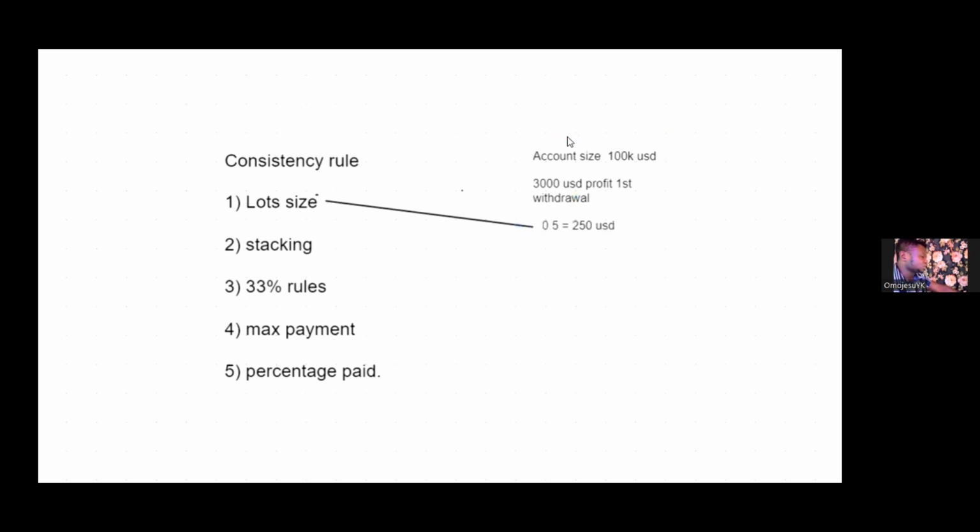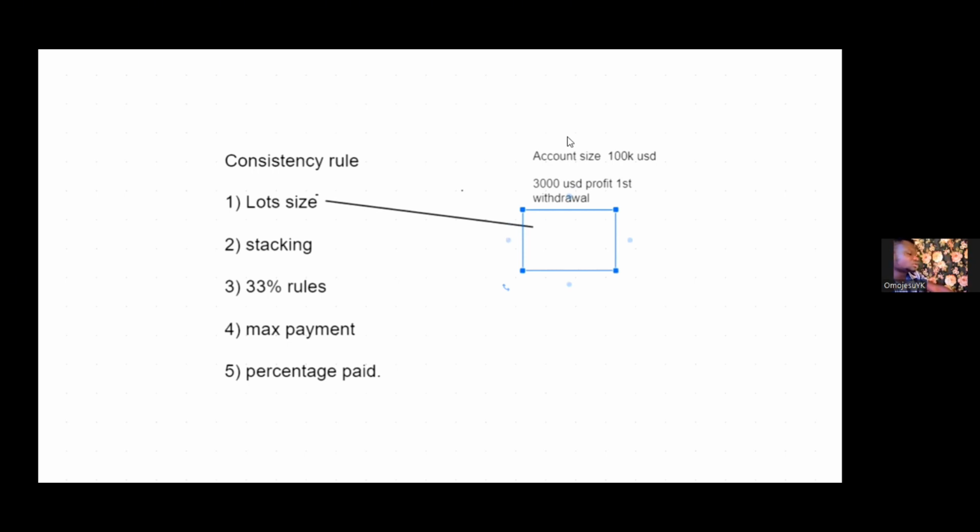I'm going to say something on this lot size now. If you start your trading with 0.5 and you continue with 0.5, the maximum lot size you can use will be 0.5 times 2, which equals 1 lot.